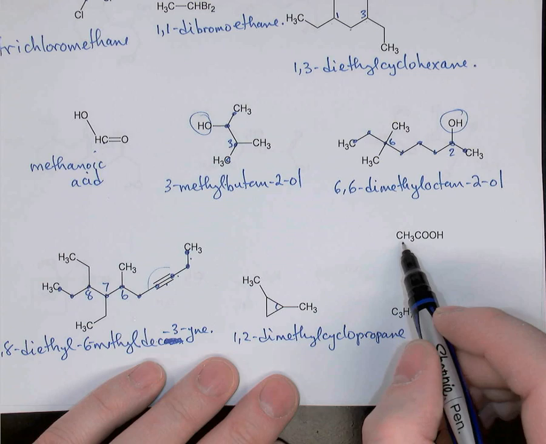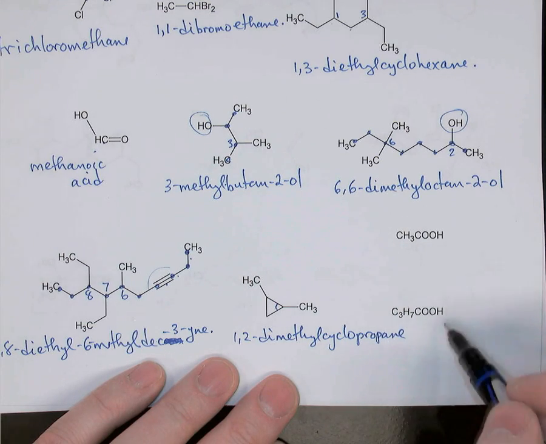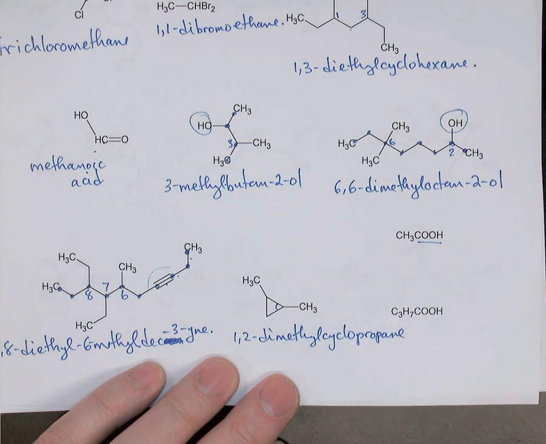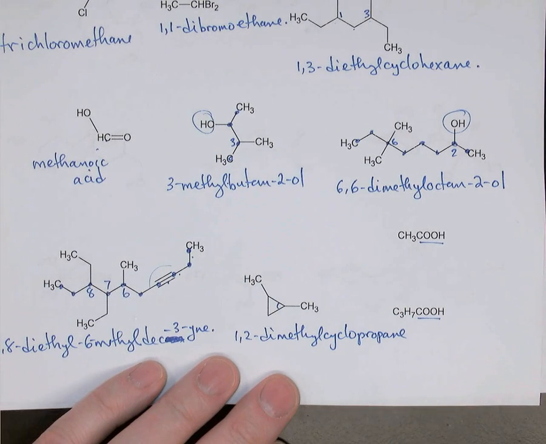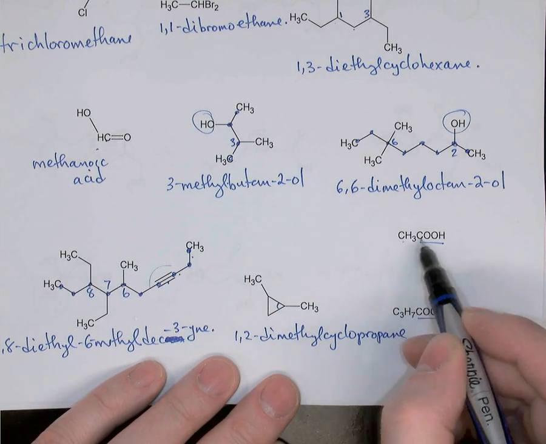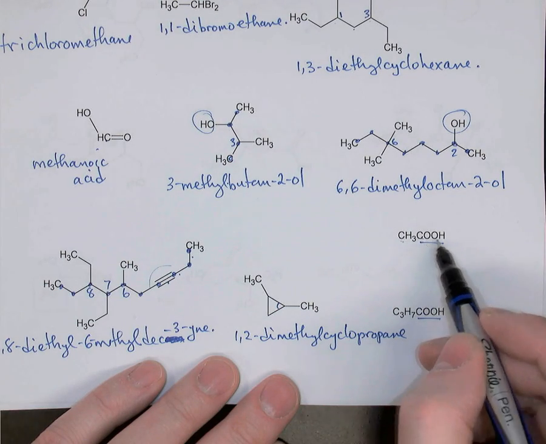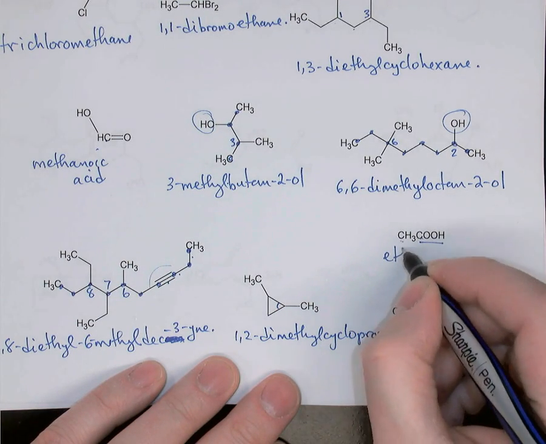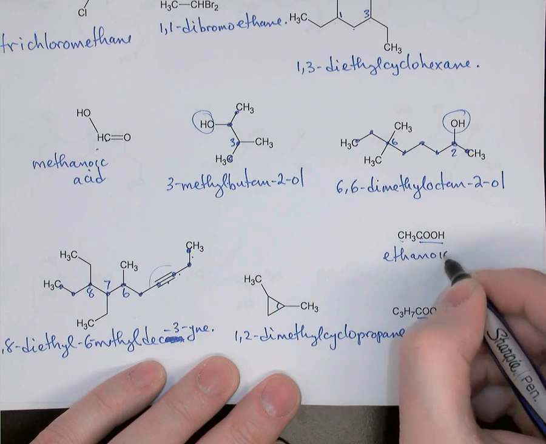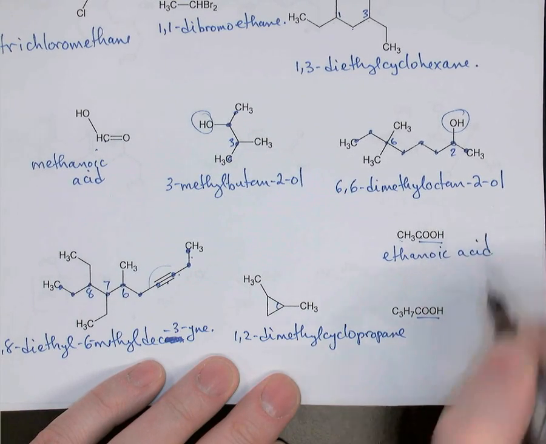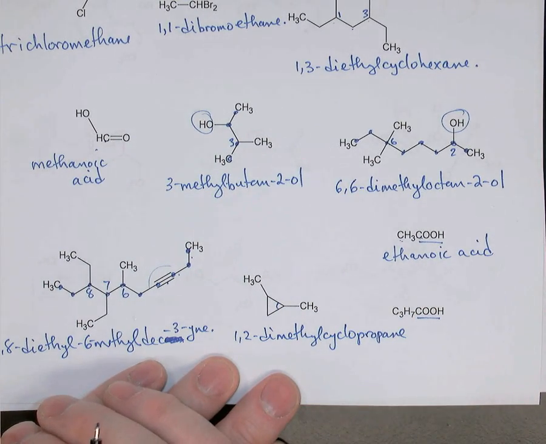Next we have carboxylic acids, both of these. I can see that from the COOH in them. That's a C double bond O, OH. With 2 carbons, CH3COOH, this would be ethanoic acid, also known as acetic acid.